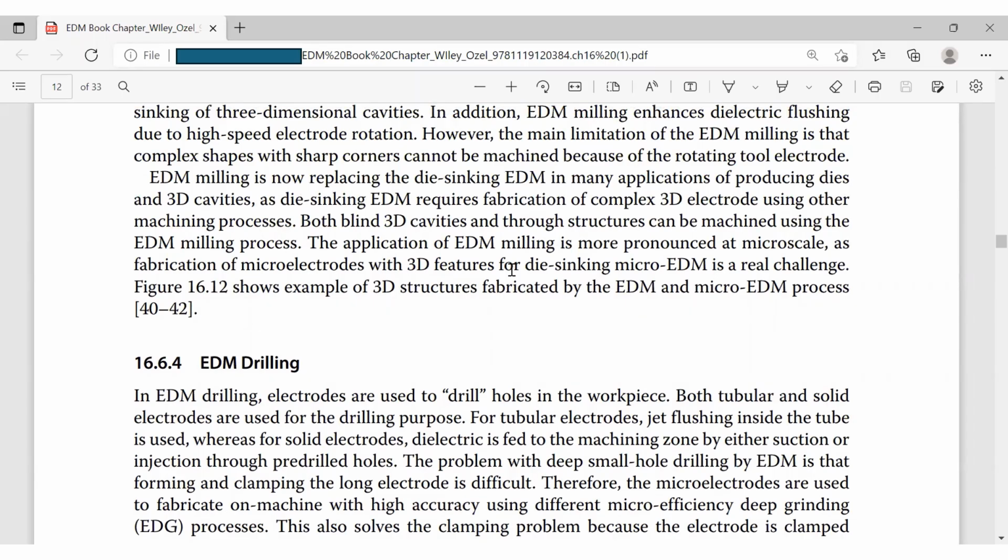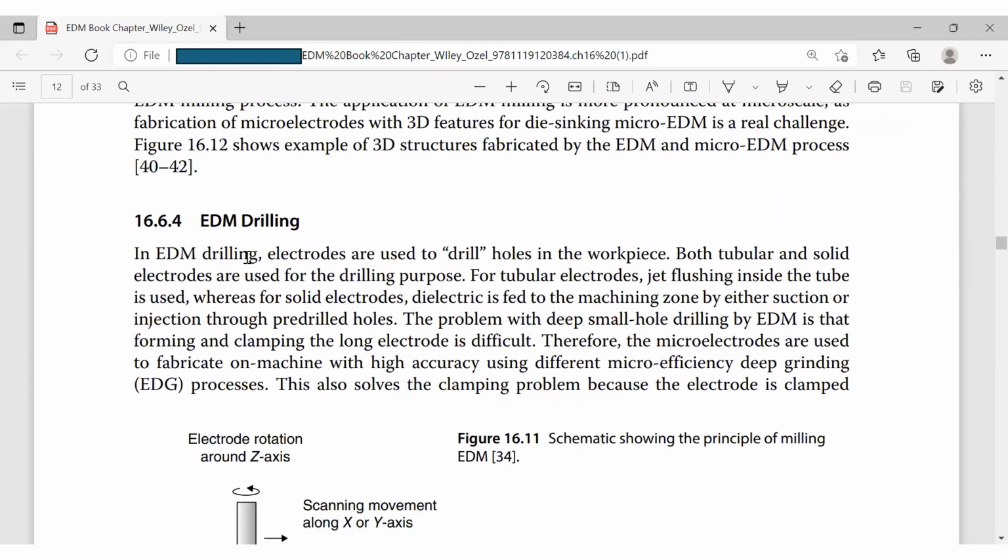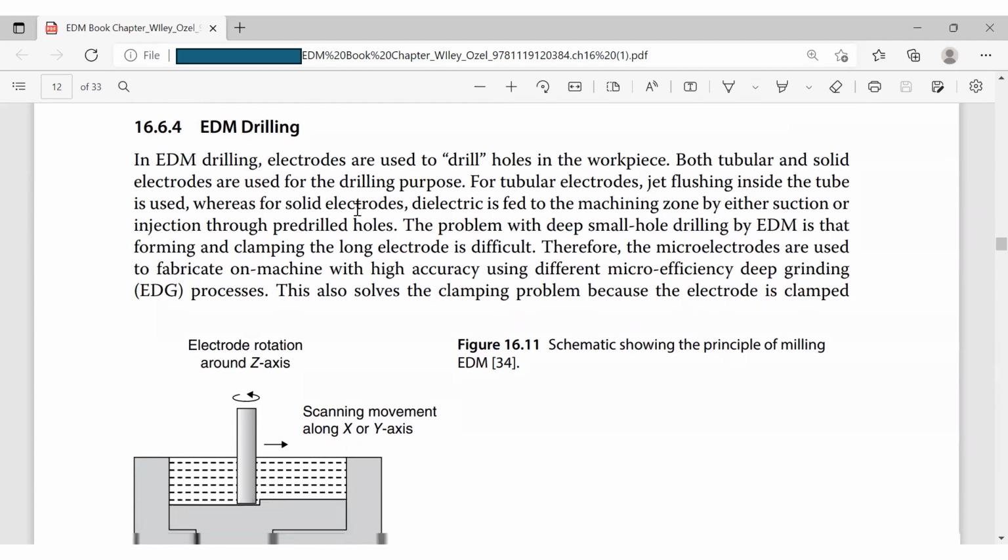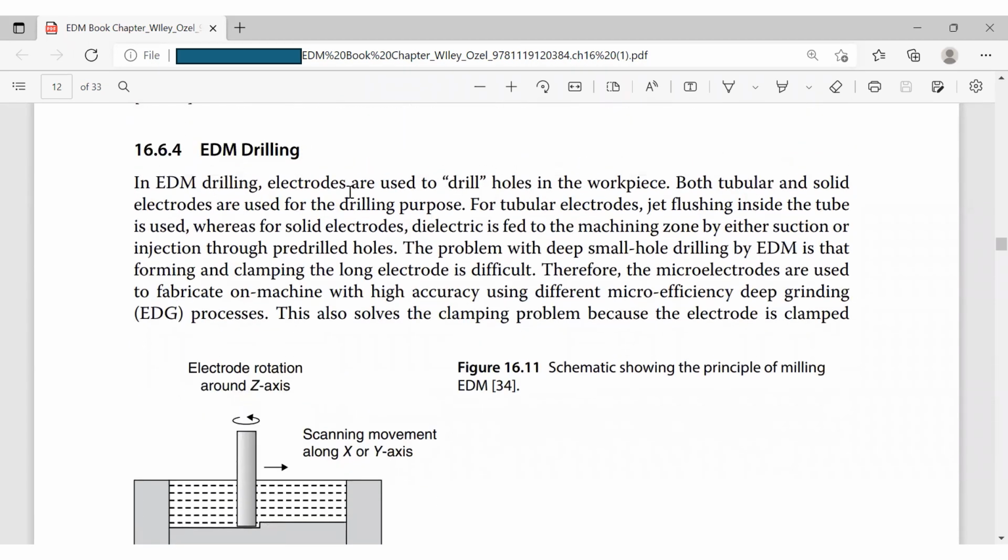This is our third category of EDM, EDM drilling, to drill a blind hole or through hole. In EDM drilling, the electrodes are used to drill holes in the workpiece.